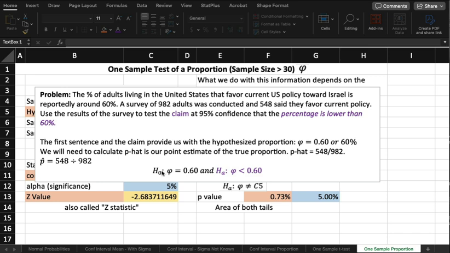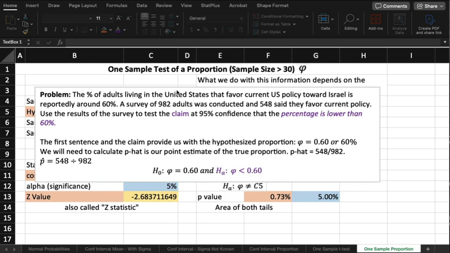But your null hypothesis is always going to be the statement of equals. So that's phi equals 0.60. That's always going to be the null hypothesis, or the status quo. So there's your null and alternate hypotheses.